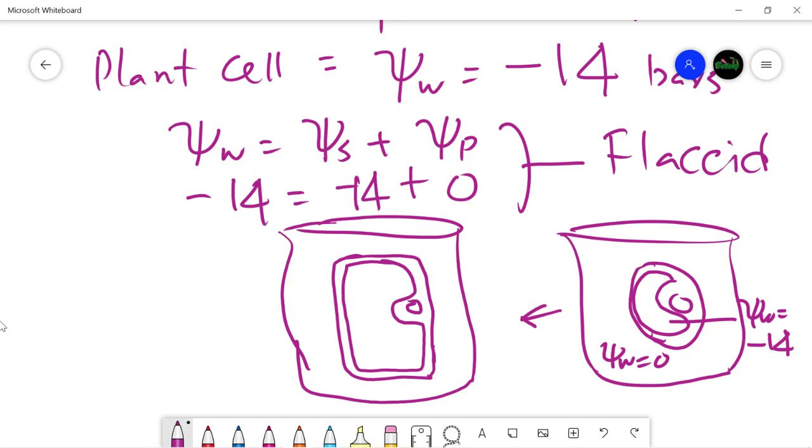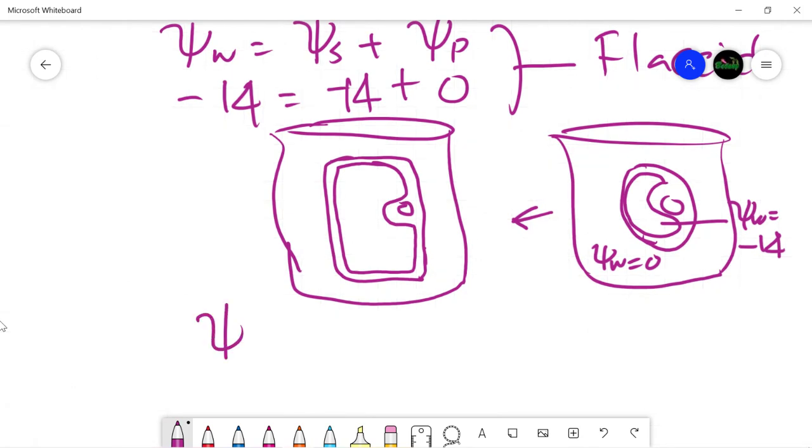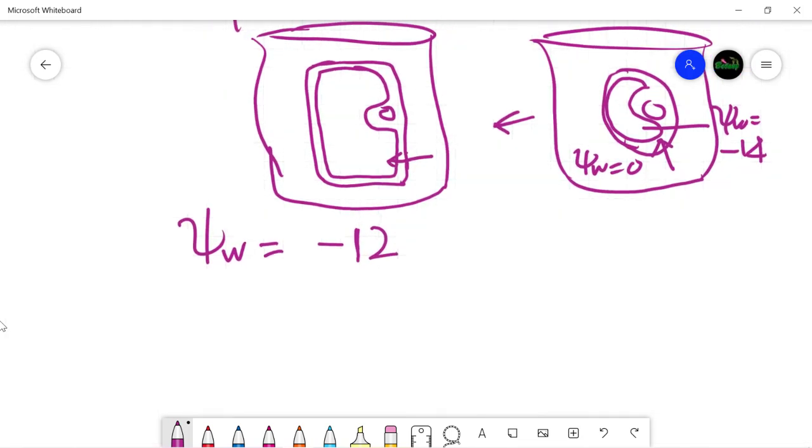When its volume increases, its water potential is also raised. For example, its water potential has risen from minus 14 to say minus 12, because of the addition of free water. When free water enters the cell, because the water has 0 and the cell has minus 14, water will enter the cell sap or the vacuole of the cell. So its water potential is raised and it is now minus 12.